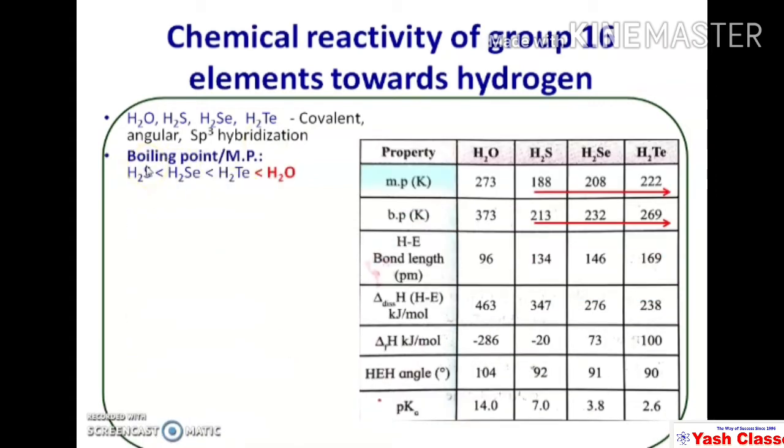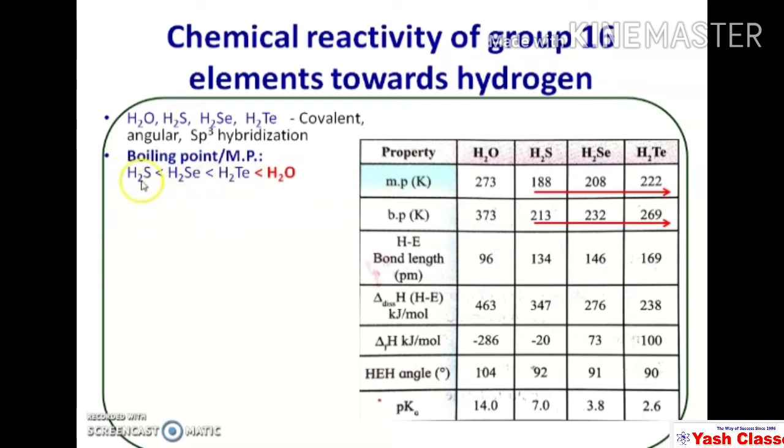Now what are the trends in different physical properties? The first important trend is boiling point and melting point. Boiling point and melting point generally increase with increase in molecular weight. Actually water is expected to have a lower boiling point, it should come before hydrogen sulfide, but unexpectedly water has a higher boiling point than the other hydrides of sulfur, selenium and tellurium.